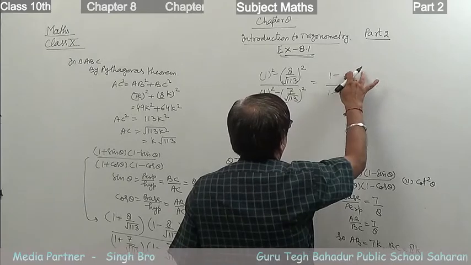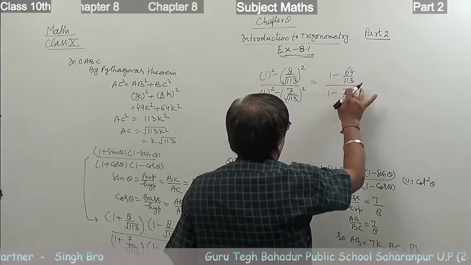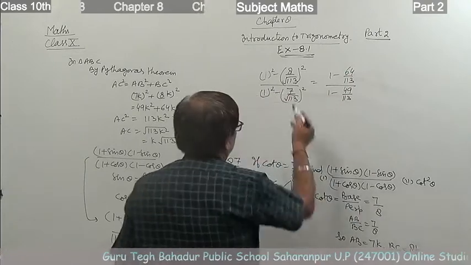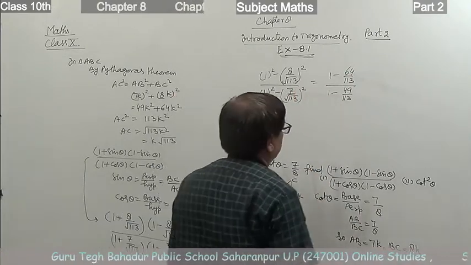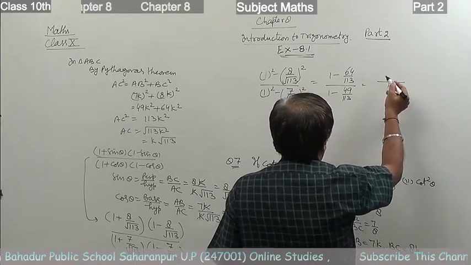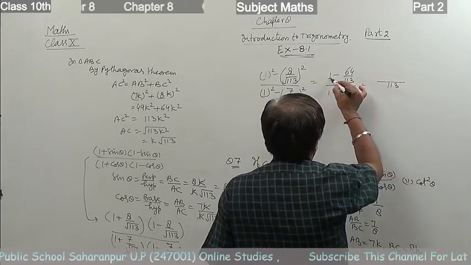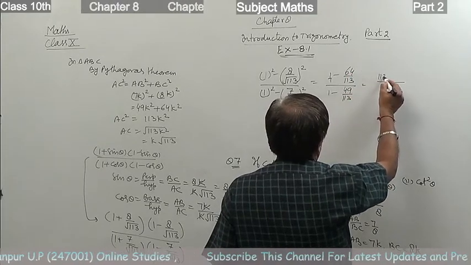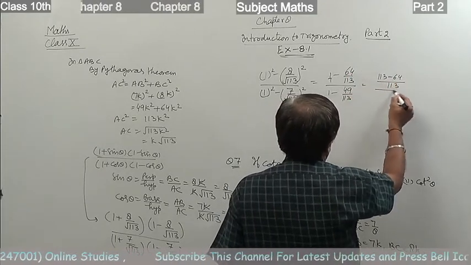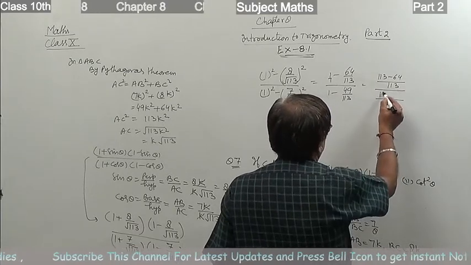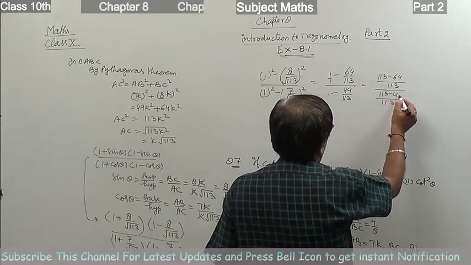8 square is 64, 7 square is 49, root 113 square is 113. Take the LCM of it, 113. So 113 minus 64. Also in same way, take the LCM, 113 minus 49.